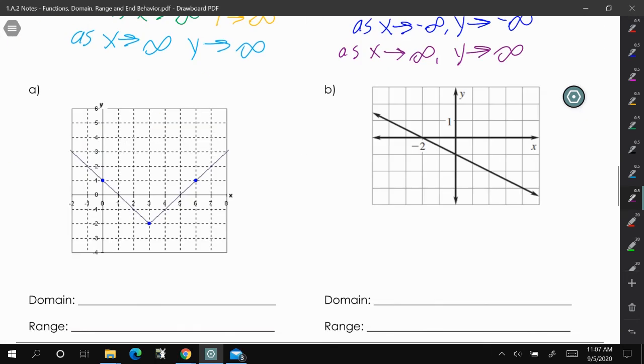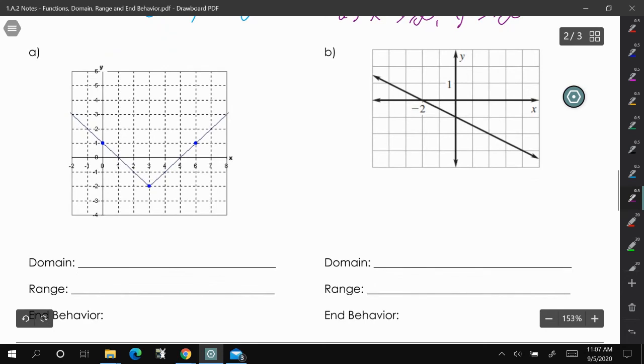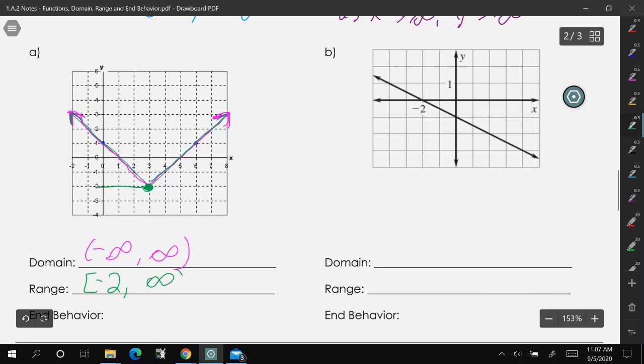All right, the last example before I have you try the rest on your own, there should be arrows here. So let's put those in, because that will change the problem. With those arrows, the domain goes on forever in both directions. So your domain is negative infinity, comma, infinity. Now the y values, this is the smallest y value right here at negative 2. So negative 2, and then the y values keep going up to positive infinity.